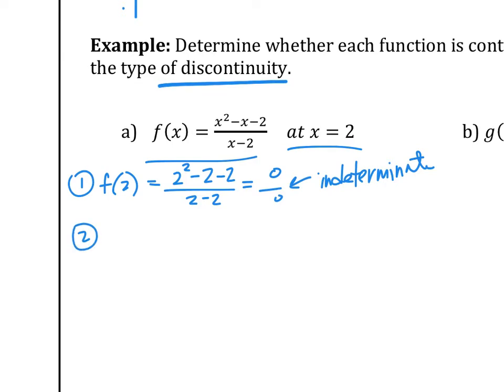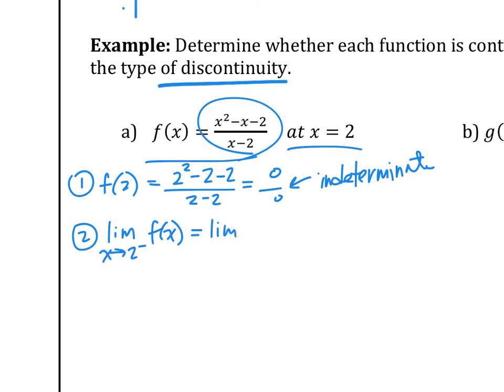Okay, next, what's the limit? Limit as x goes to 2 from the negative side. We already know that it's not going to be defined at 2. In fact, it gives us a 0 over 0. So if we want to find a limit, we're going to do the algebraic way. In this case, we can factor.